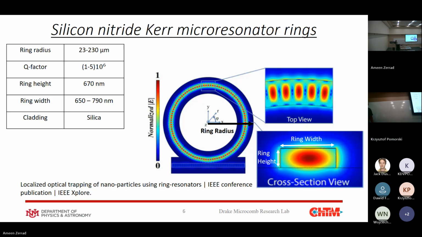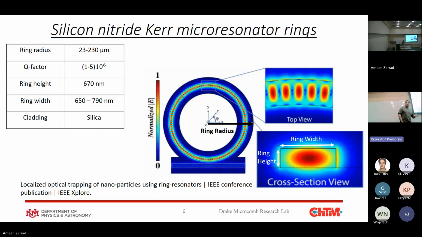Okay. So like I said, our business is in silicon nitride Kerr microresonators. That has ring radii between 23 and 230 microns. With that ring radius, your light travels anywhere from 1 to 10 picoseconds per round trip in the ring. You have quality factors between 1 and 5 million.